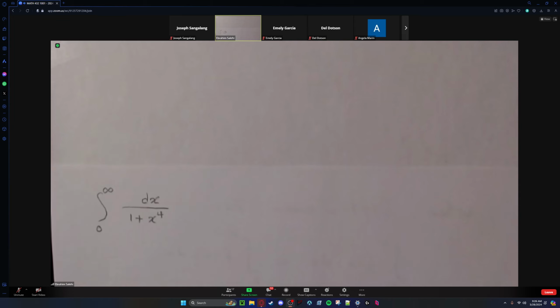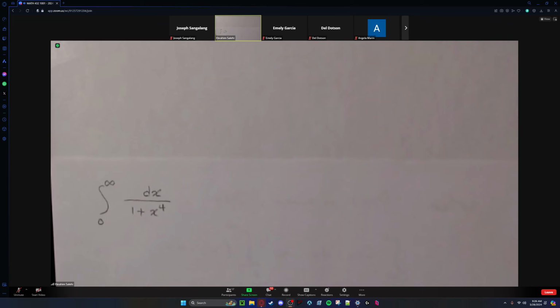And this one converges because we have x to the 4, right? It converges. But what is its value? We don't know. When you are in calculus 2, you don't know its value. You simply can say, yeah, this converges.